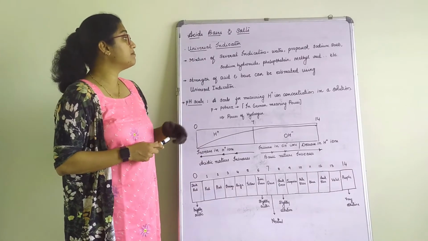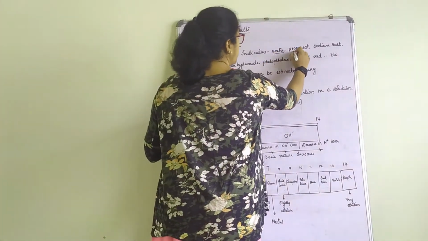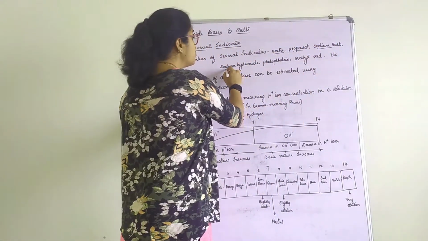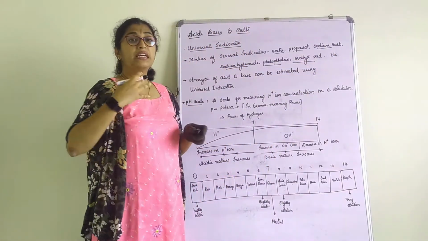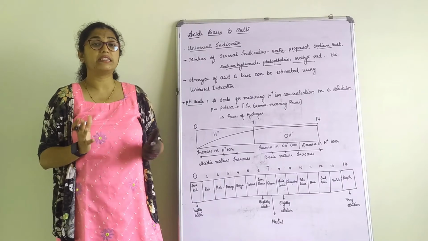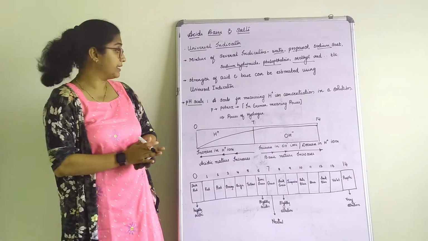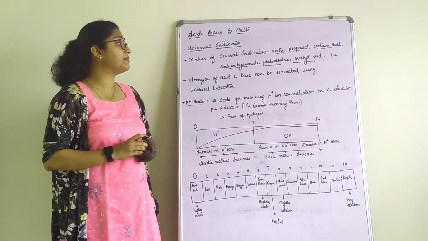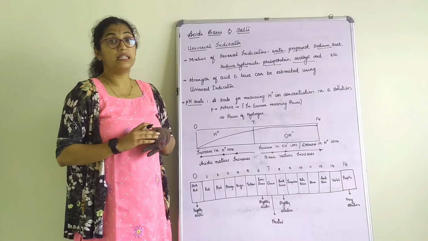Universal indicator is a mixture of several indicators like water, propanol, sodium salt, sodium hydroxide, phenolphthalein, methyl red, etc. It is a combination of many such indicators, through which one indicator is prepared. The strength of an acid and base can be estimated using this universal indicator.